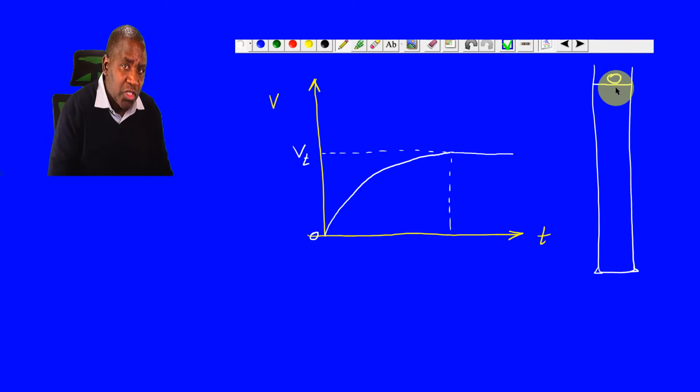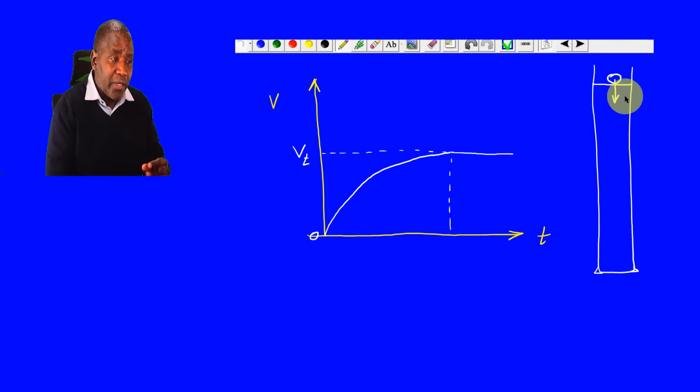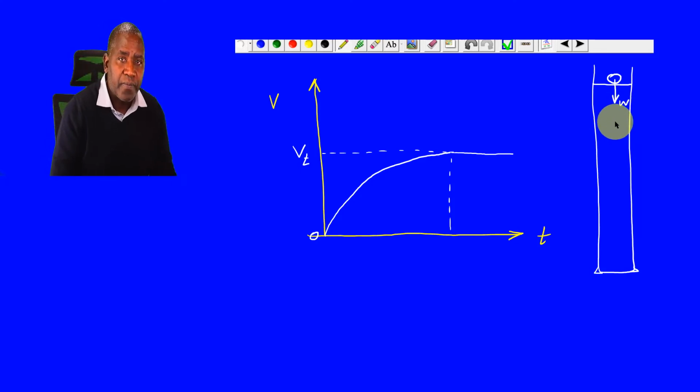Let's see the forces which are acting on it as soon as you let go of the sphere. As soon as you release the sphere, the only force which is acting on it before it enters the liquid is the weight of the sphere. It is its own weight. This is the only force acting on it.